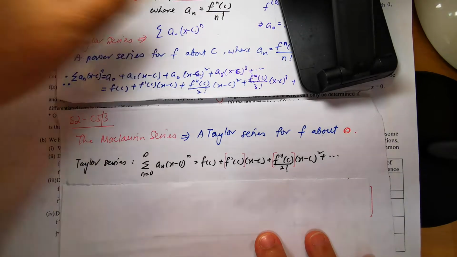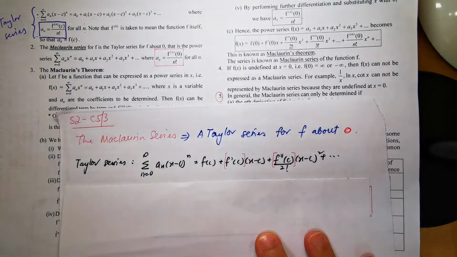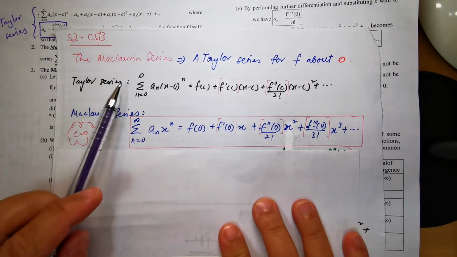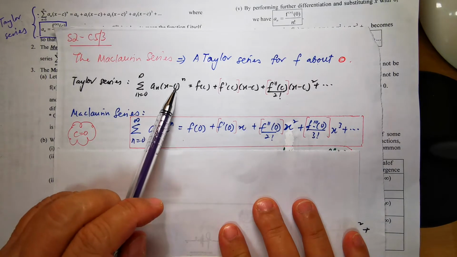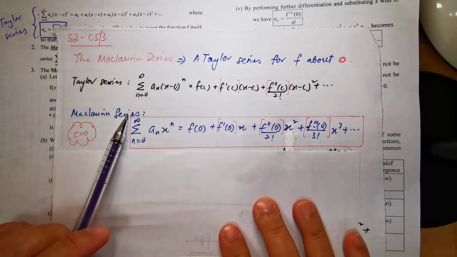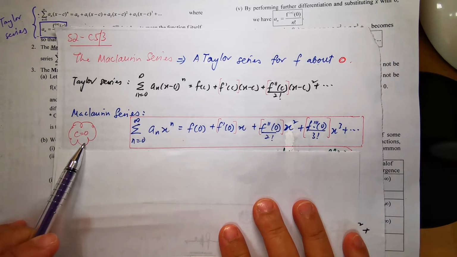We compare again. This is Taylor series of f about c, and Maclaurin series is a Taylor series where c equals 0.